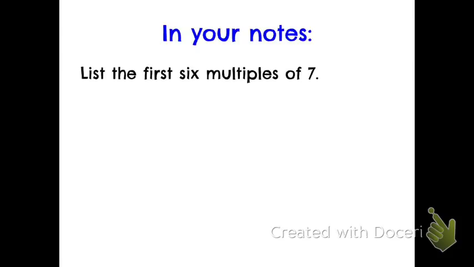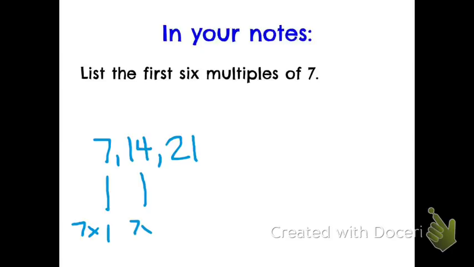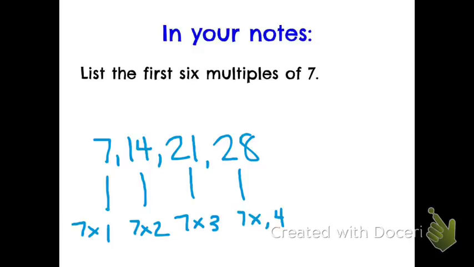Again, I just count up by 7. So I would have 7, and then I keep going, 14, 21. If you remember, this would be 7 times 1. This is 7 times 2. This is 7 times 3. And I would have 28, which is 7 times 4. And then I have 35, which would be 7 times 5.